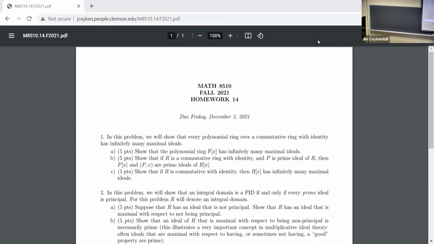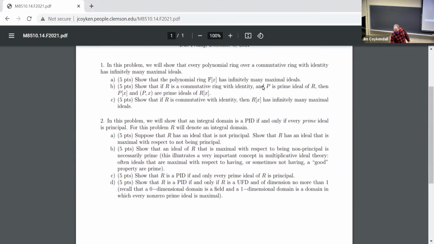Number two, in this problem, we will show that an integral domain is a PID if and only if every prime ideal is principal, right? PID means every ideal is principal, but it actually suffices to show that every prime ideal is principal. For this problem, R is an integral domain. In part A, suppose that R has an ideal that is not principal.